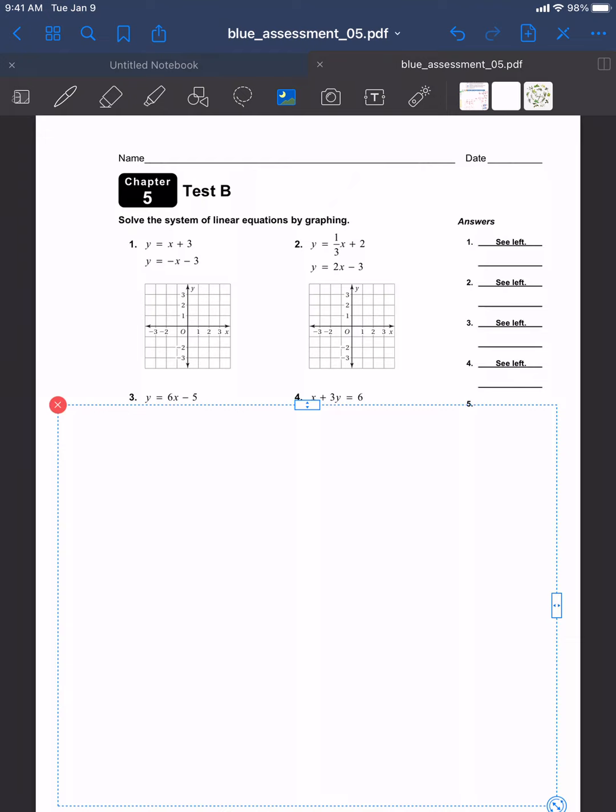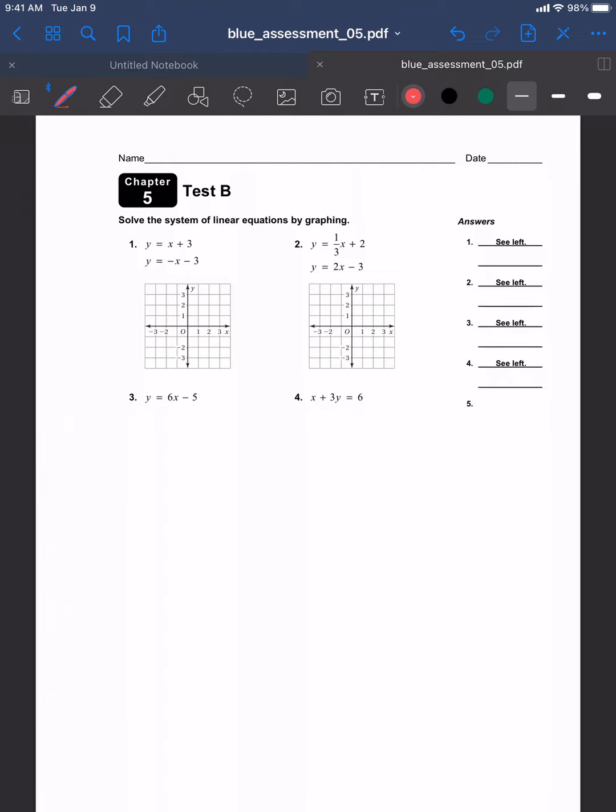When are we gonna use this? Like, I know we probably will, because it's really common. But when are we gonna use it in real life? Well, it depends on what your job is. If you're a stock market person, if you're doing anything with money, business, you're going to use this. If you don't do anything with money, like my job, I'm not a business owner, so I don't have to worry about profits, but I am a teacher, so I have to know it.